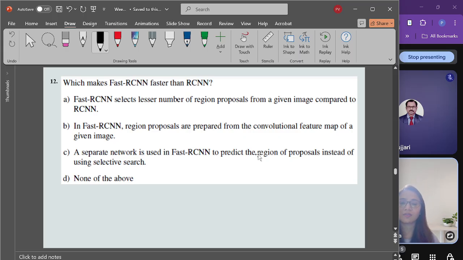So which option can be the correct one? Try to answer at least for this question. At least make a guess.